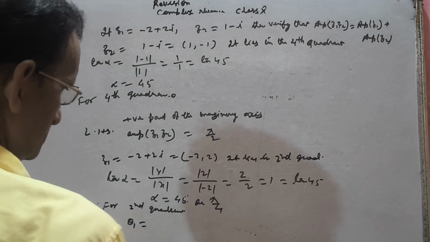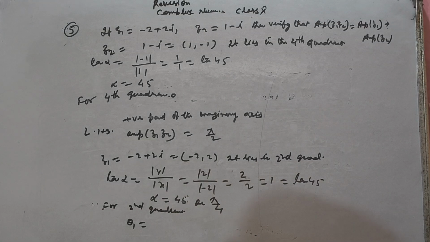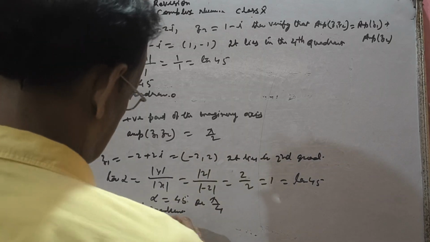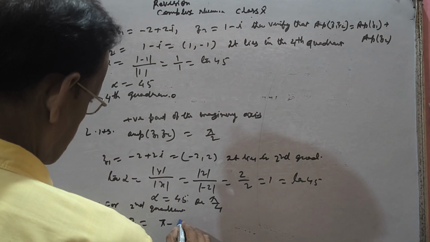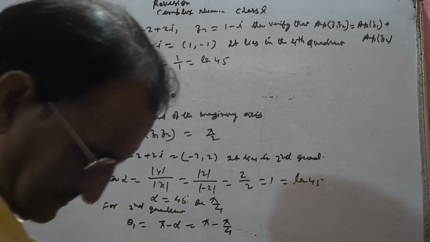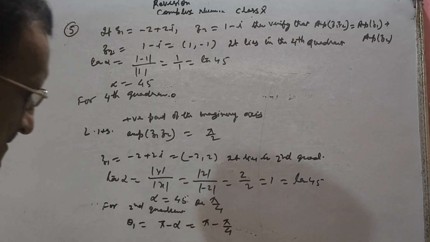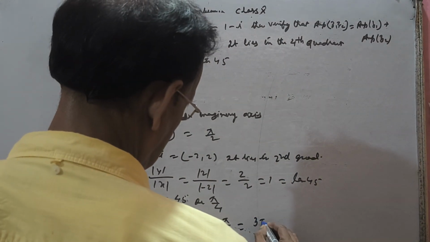take theta 1. If the point lies in the second quadrant, then theta 1 equal to pi minus alpha equal to pi minus pi by 4. So how much will we get? 3 pi by 4.